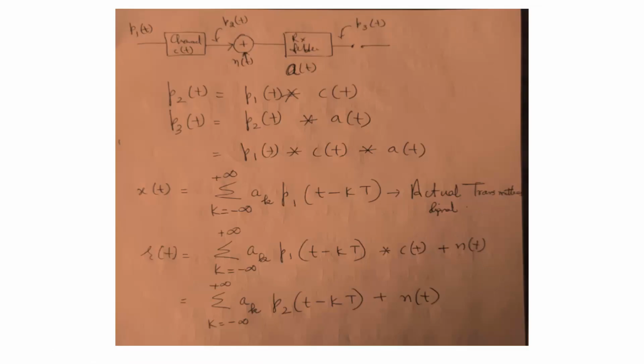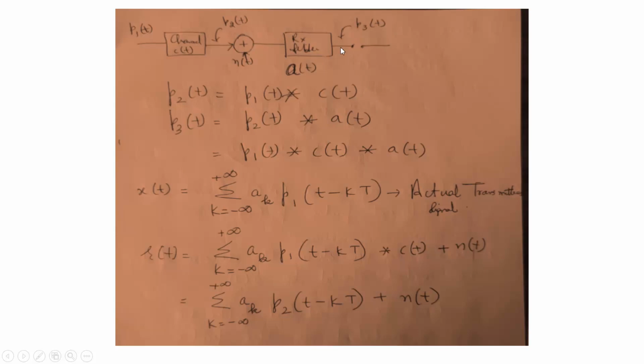Plus, of course, the noise. This RT is also having noise. So this RT is passing through the receiver filter with the response AT. That means noise will also get convolved with AT. So that's what is shown here. Noise also gets convolved with AT, right?